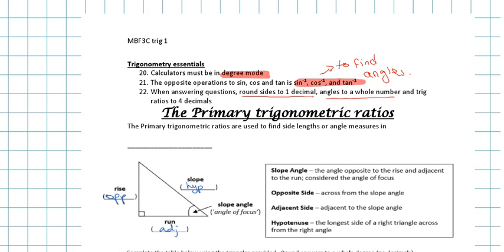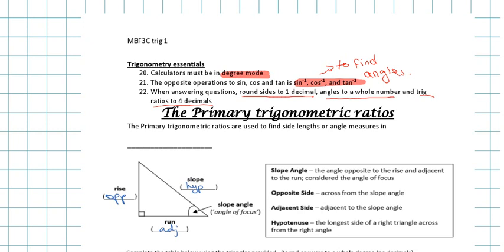So basically, if you have tan of 60 degrees, and the calculator gives you a whole list of numbers, you're just going to put it to 4 decimal places. Okay? So this is basically things that you should know already.